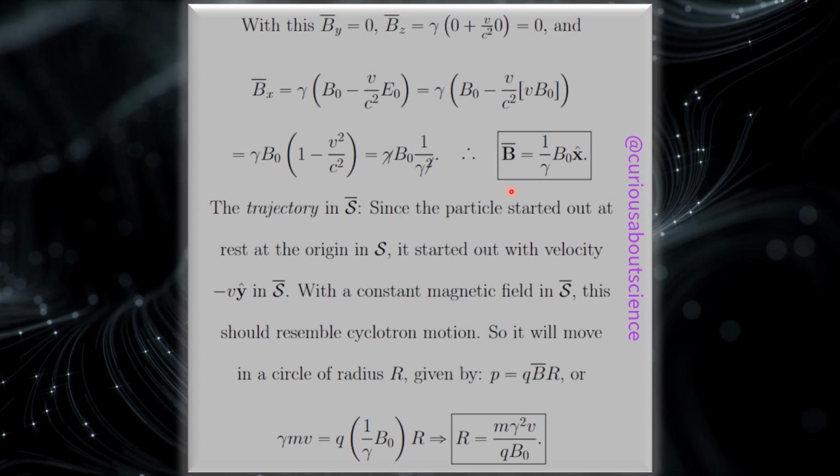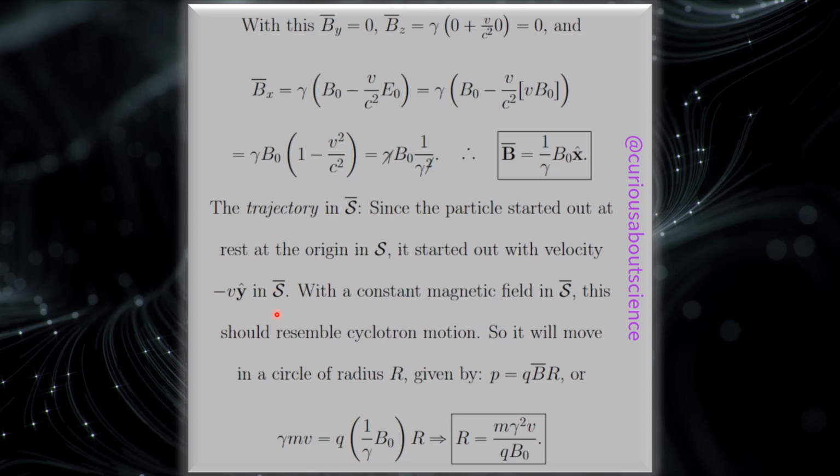So that's pretty cool. And this is if we have E equals 0 and a constant magnetic field, the trajectory in S bar then, since the particle started at the origin in S, it started out with velocity negative v y hat in S bar, because it has to go the opposite direction. And with the constant magnetic field in S bar, this should resemble the cyclotron motion.